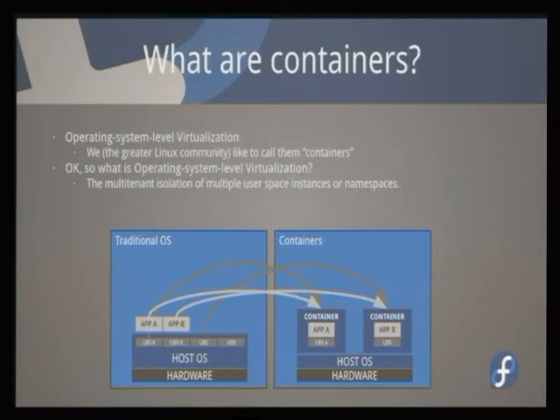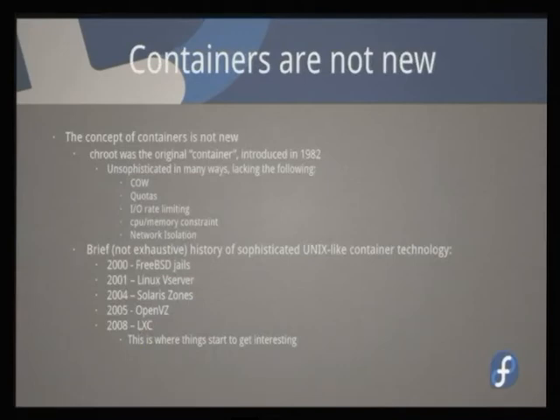Most times it's going to be lacking things, and it probably doesn't have an init system in it. So containers are not new. They've been around for a long time. I always like to argue that the chroot was the original container, in the context that you can lie to the application runtime, and it will execute and run like it would otherwise on a base system, but it is not. The chroot was very unsophisticated, and there's a brief lineage of Unix-like container or operating system level virtualization technology.